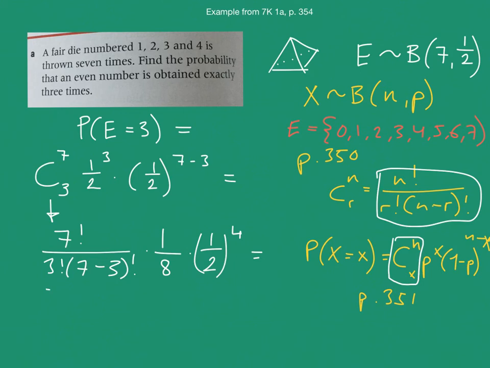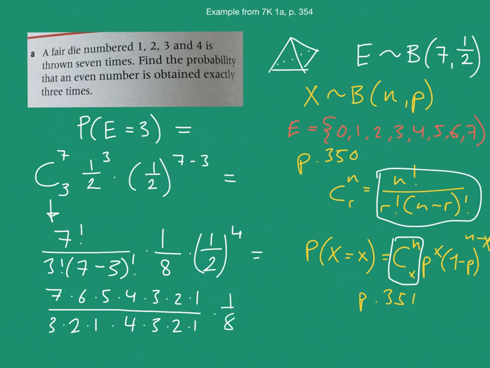So this is equal to 7 times 6 times 5 times 4 times 3 times 2 times 1 divided by 3 times 2 times 1 multiplied with 4 factorial. 7 minus 3 is 4 factorial, which is 4 times 3 times 2 times 1, multiplied with 1/8 multiplied with 1/16.